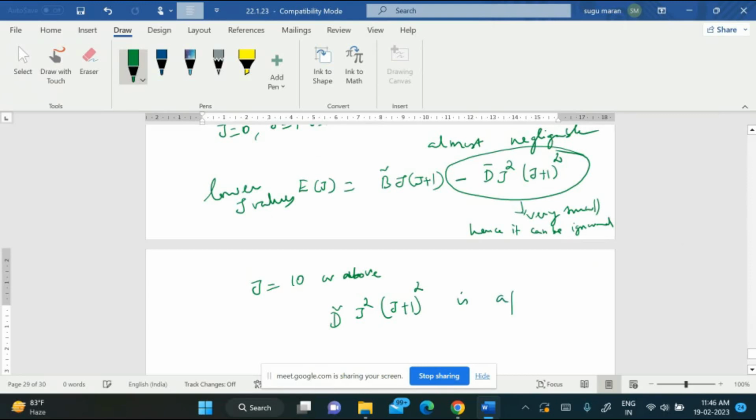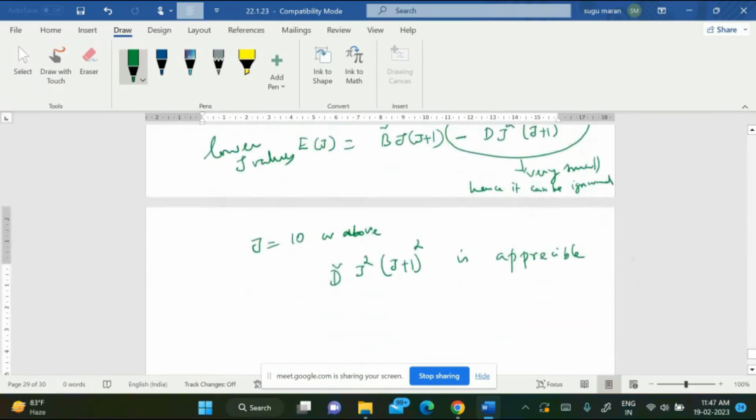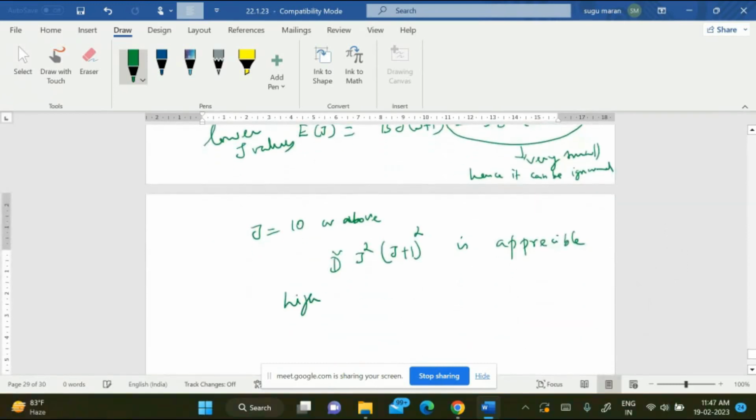It is becoming important, significant. It is an appreciable value, so it becomes important, and it becomes a high positive value.